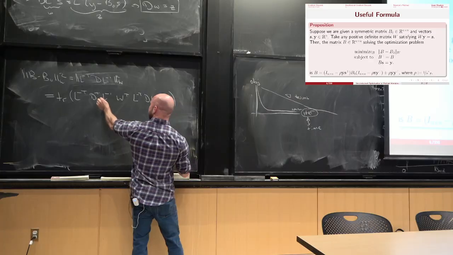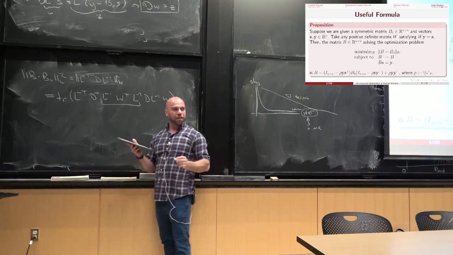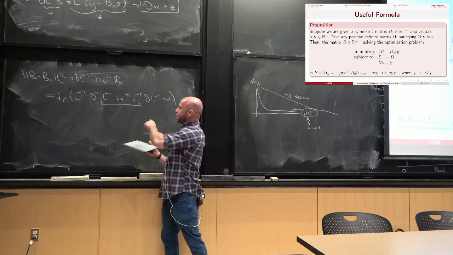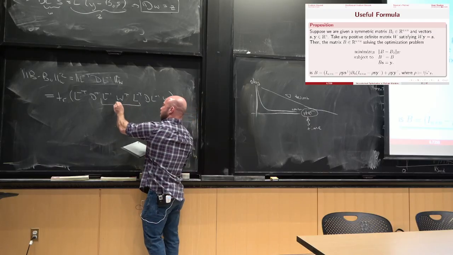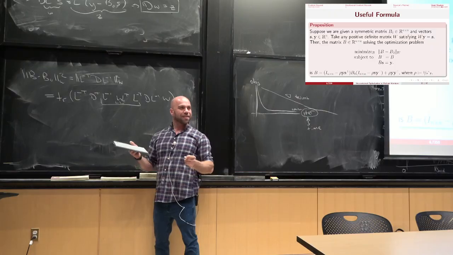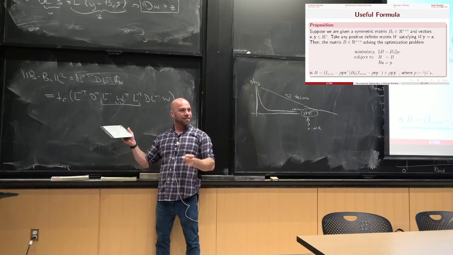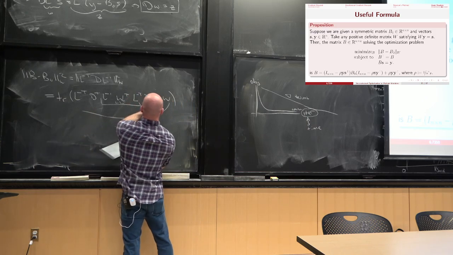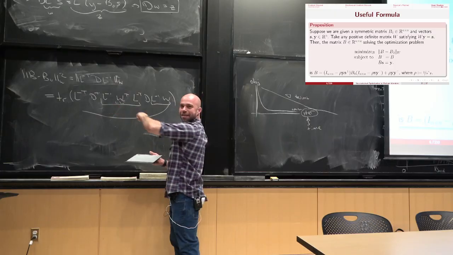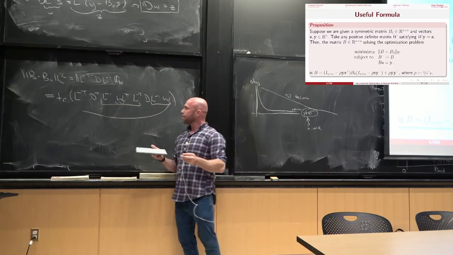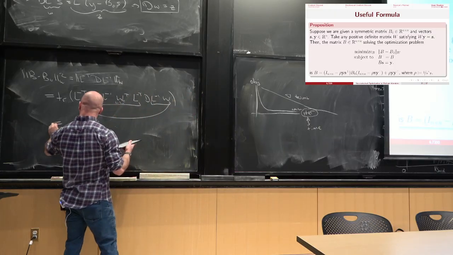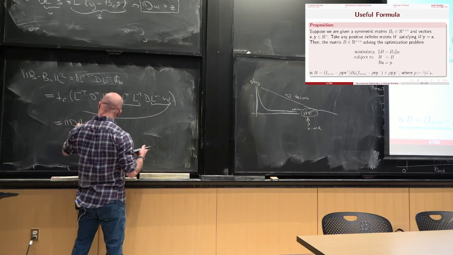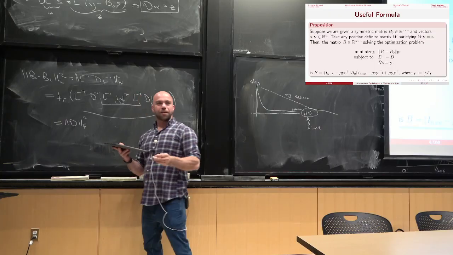Essentially, we already know that W is LL transpose, right? So this whole product, if I put in an LL transpose like that, is actually just the identity. And similarly, if I cycle this piece to the left-hand side, you'll get another identity matrix. So really, this whole expression is just the Frobenius norm of D squared.